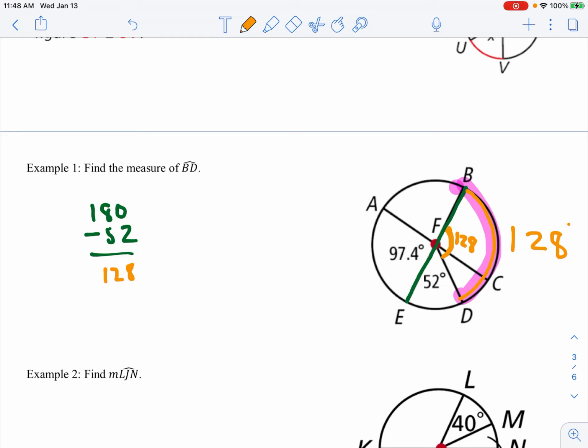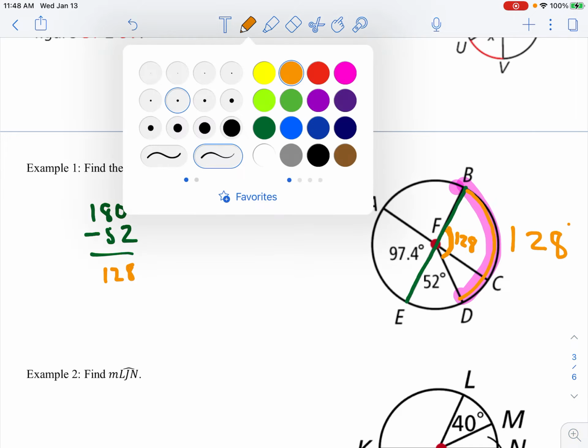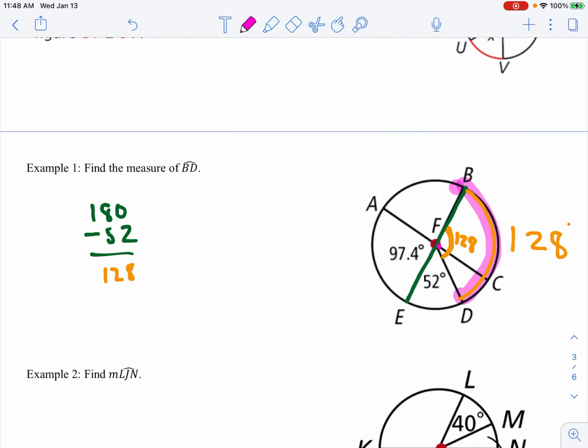If I traced both of those sides, it was between these 2 points. So the arc between those 2 pink lines has to be the same as the angle on the inside. So our answer for that arc should be 128.